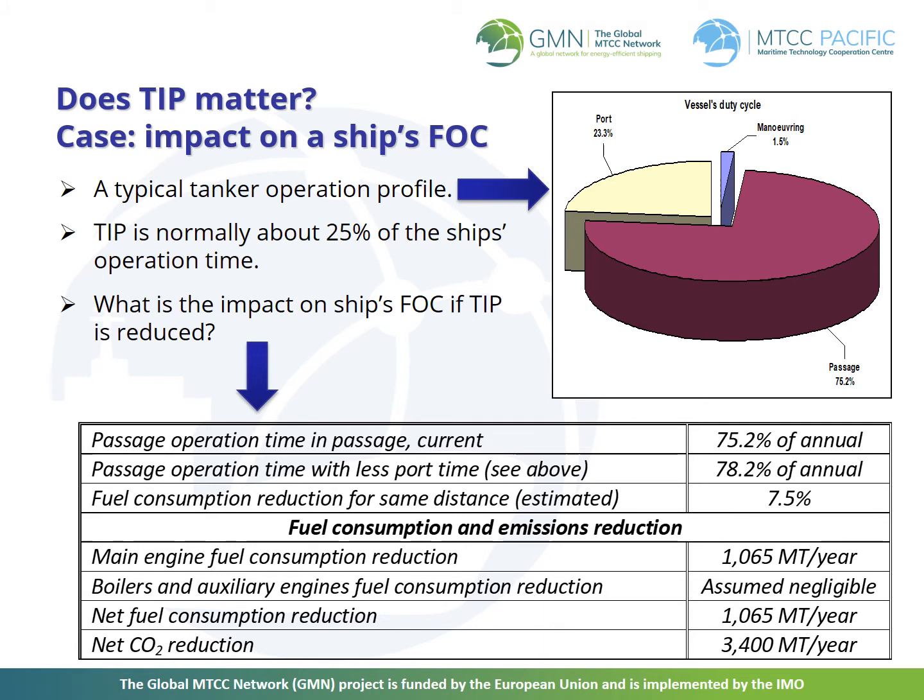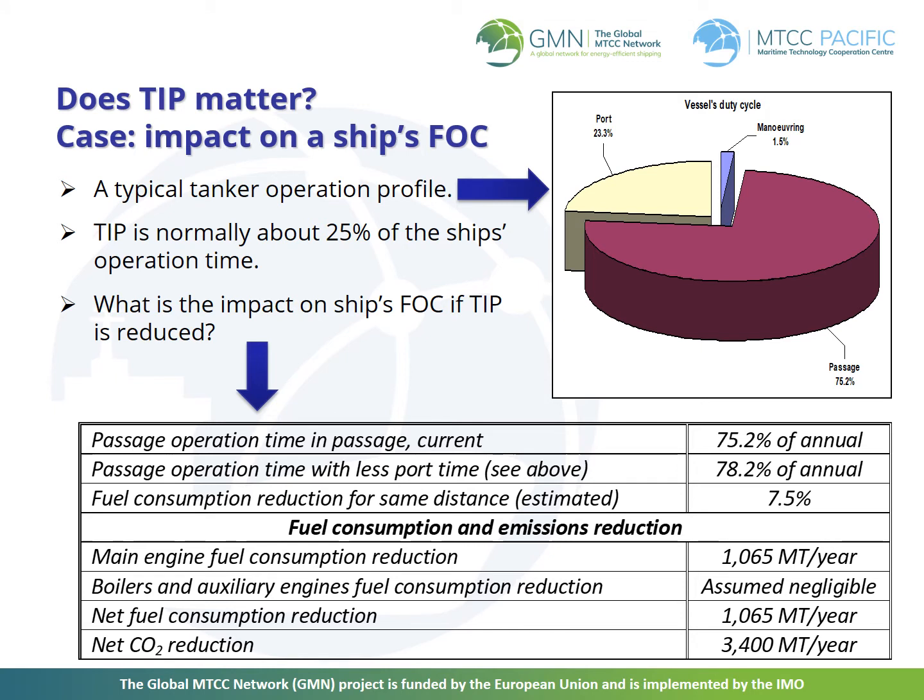The reduced ship speed is then converted to fuel consumption reduction, using the well-known cubic relationship between ship speed and required propulsion power. CO2 emission reduction is estimated using fuel consumption reduction and relevant emissions factors.